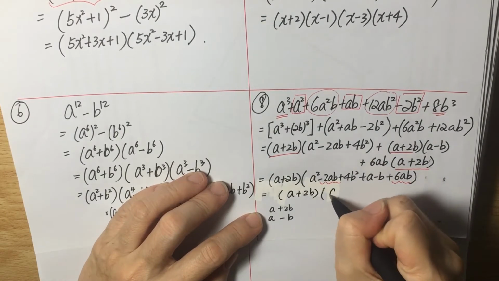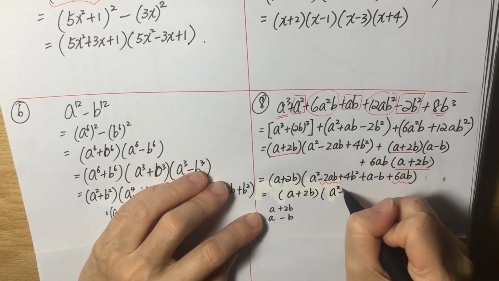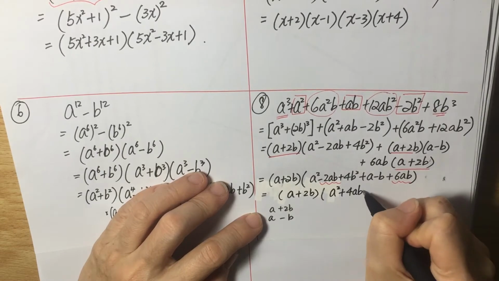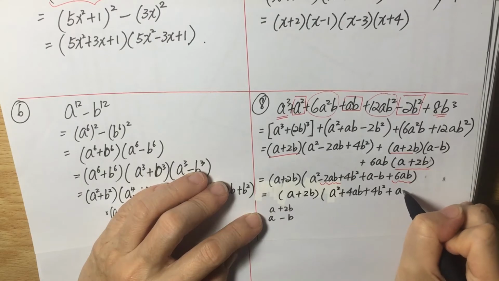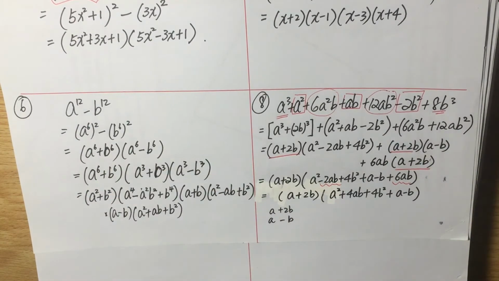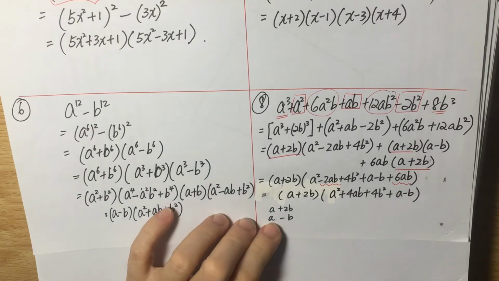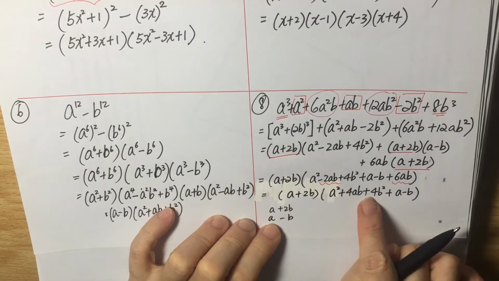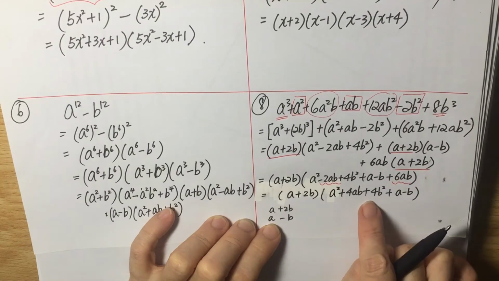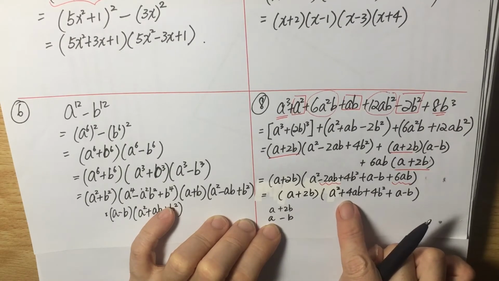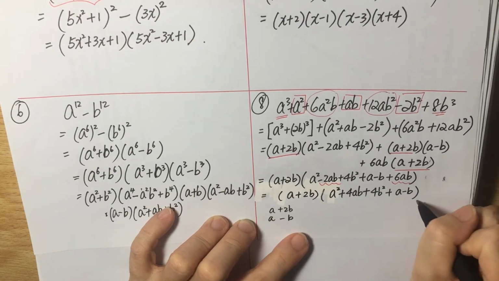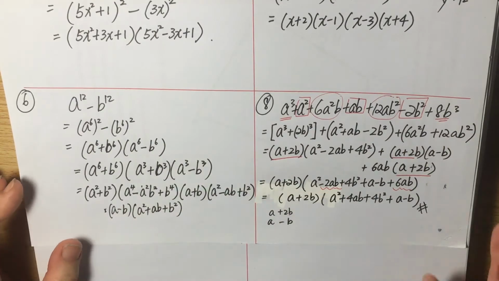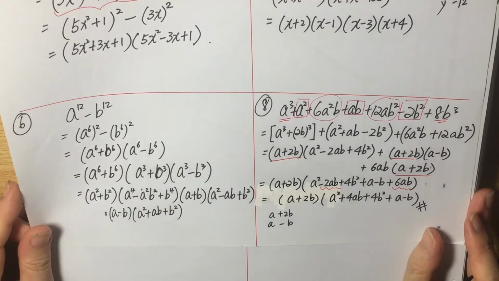So I'm getting a squared plus 4ab plus 4b squared, and then plus a minus b. Here I can factorize this to be a plus 2b whole thing squared, but no point, because after factorizing I cannot combine this into that, so we will just stop here.